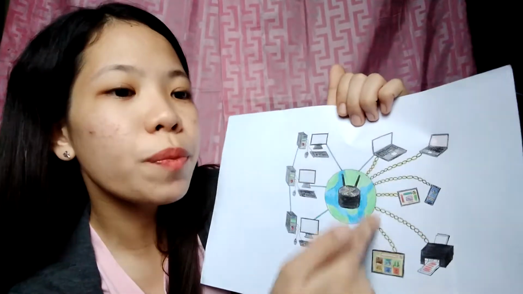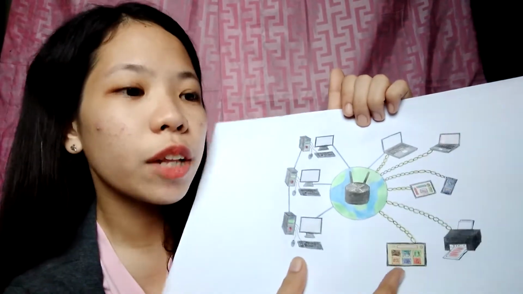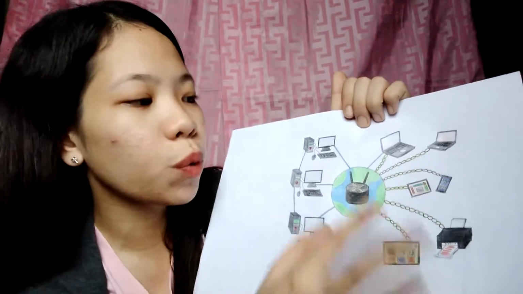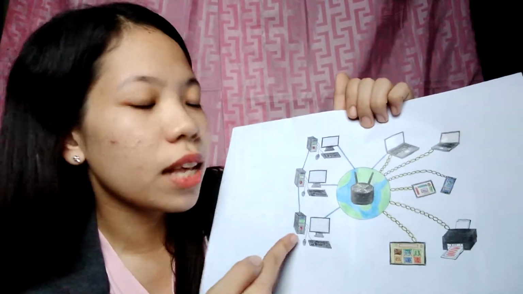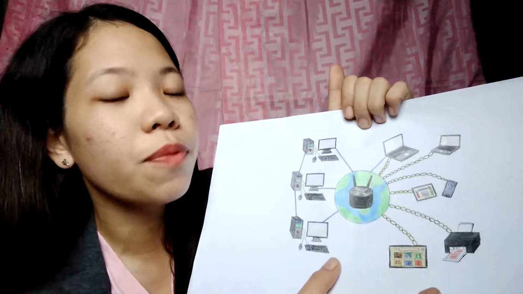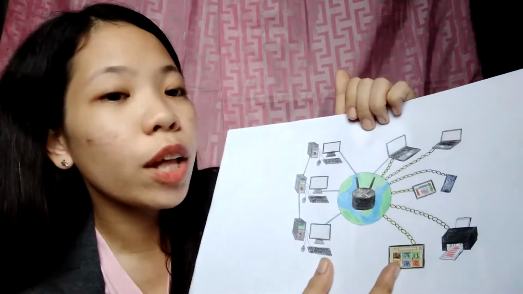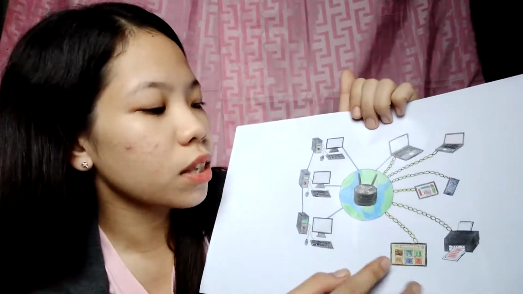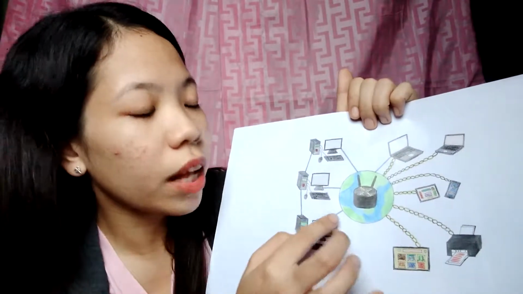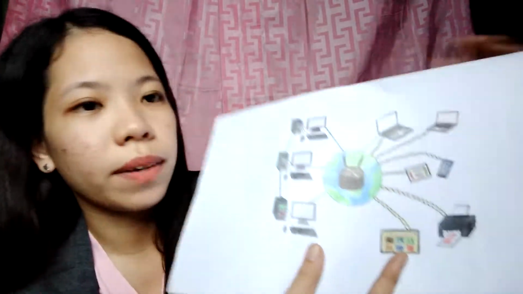When we say intermediary devices, it provides connectivity between the end devices, and also it is a device where data flows across the networks. And when we say network media, it is a wireless media, LAN media, or a WAN media.